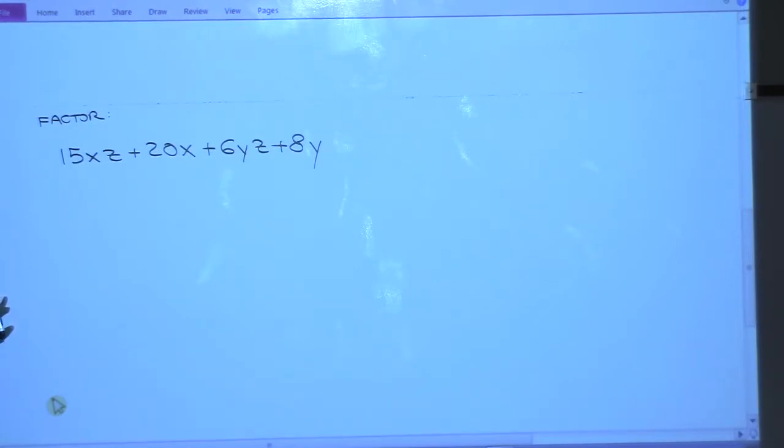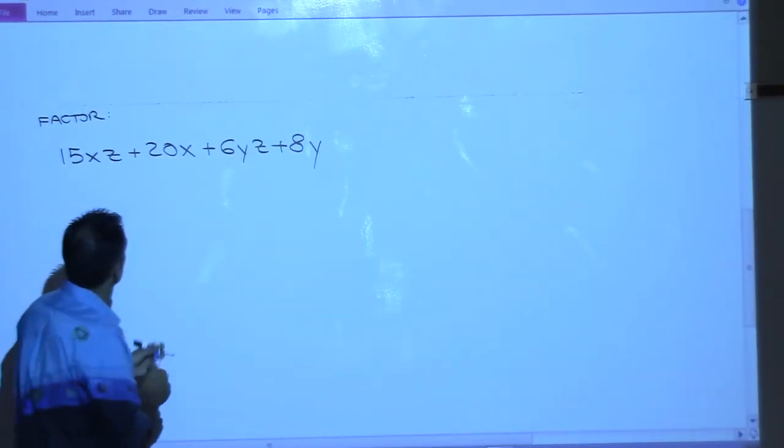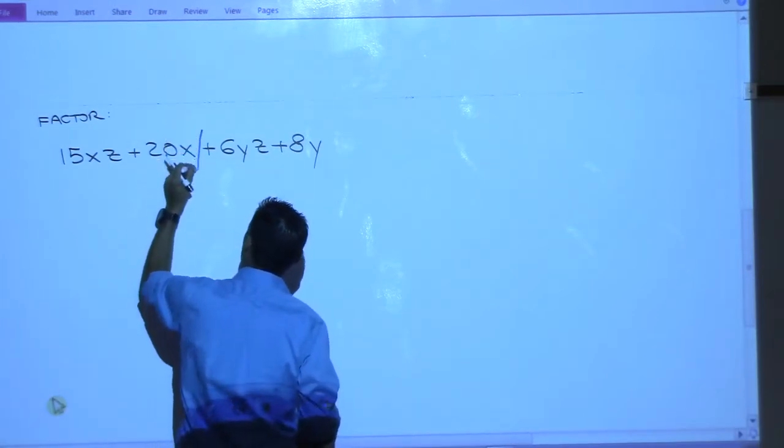How about letters? Do we have any letters in common? We don't have X's in all of them, right? We don't have Y's in all of them. We don't have Z's in all of them. So we don't have a GCF again. All right, so no GCF. Count the terms. We got 4. We come in here, we slash it right there.